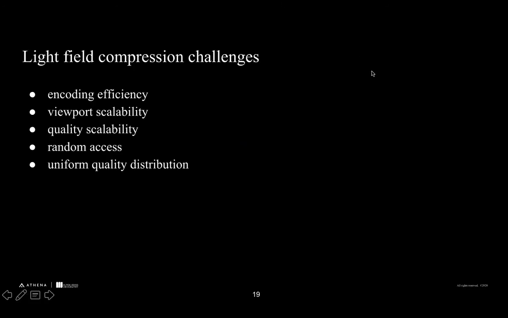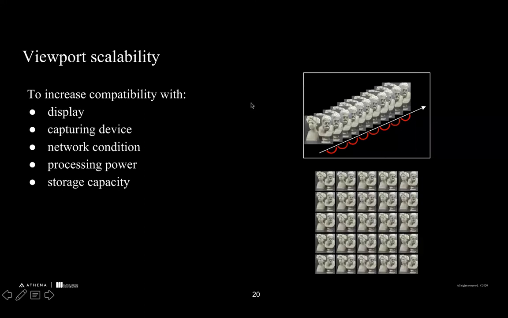In light field compression, besides encoding efficiency, other features like viewport scalability, quality scalability, random access to different viewports, and uniform quality distribution are among important features and challenges that should be addressed when we are encoding one light field image. In order to increase compatibility with display, capturing device, network condition, processing power, and storage capacity, it's important for a light field compression method to provide viewport scalability.